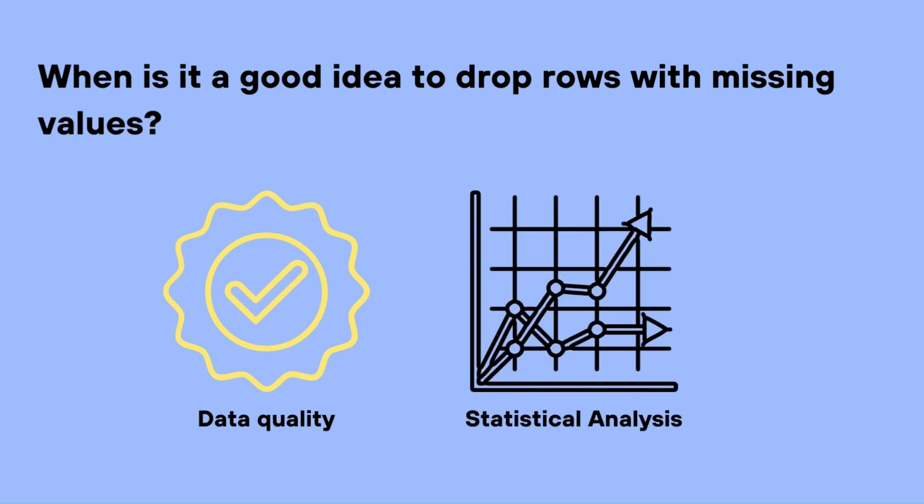Many statistical methods and algorithms require complete data to provide accurate results. Null values can affect calculations such as averages, correlations, and regression models. Removing rows with null values can ensure that you have a consistent and complete dataset, enabling you to perform robust statistical analysis.